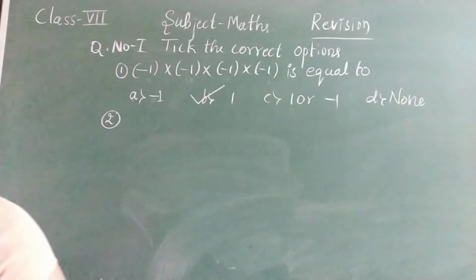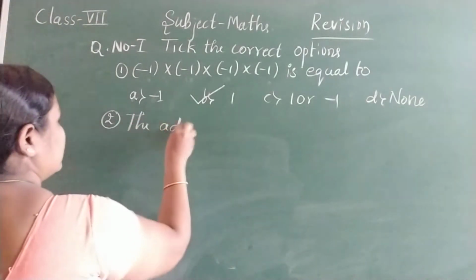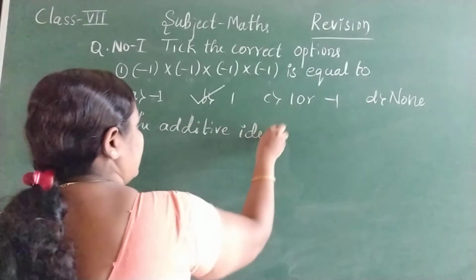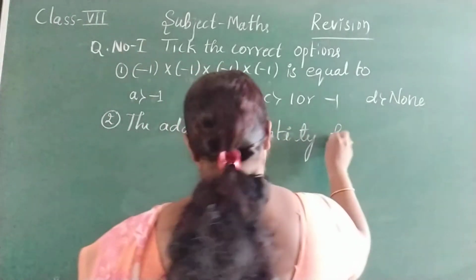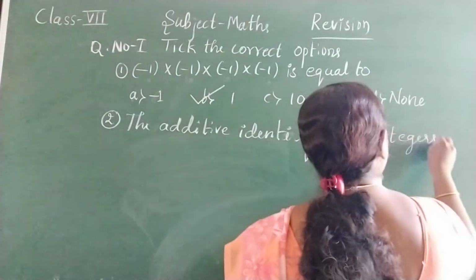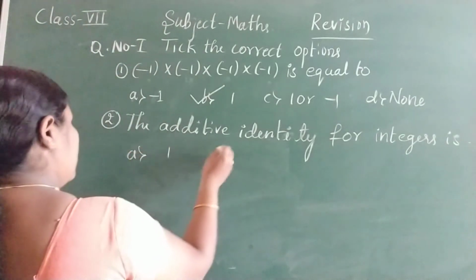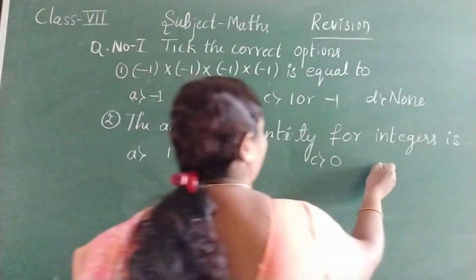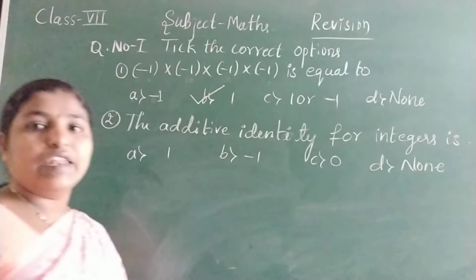Next, the additive identity for integers is: A 1, B minus 1, C 0, D none of these.